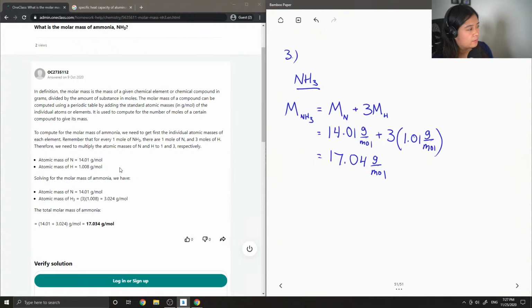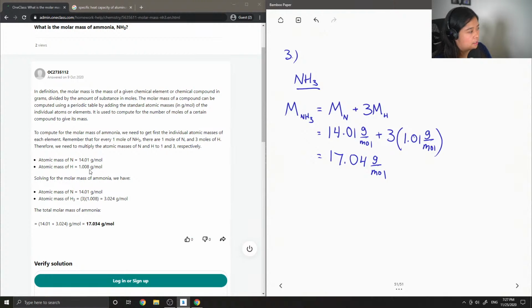To compute for the molar mass of ammonia, we need to first get the individual atomic masses of each element. Remember that for every 1 mole of NH3, there is 1 mole of nitrogen and 3 moles of hydrogen. Therefore, we need to multiply the atomic masses of nitrogen and hydrogen by 1 and 3 respectively.